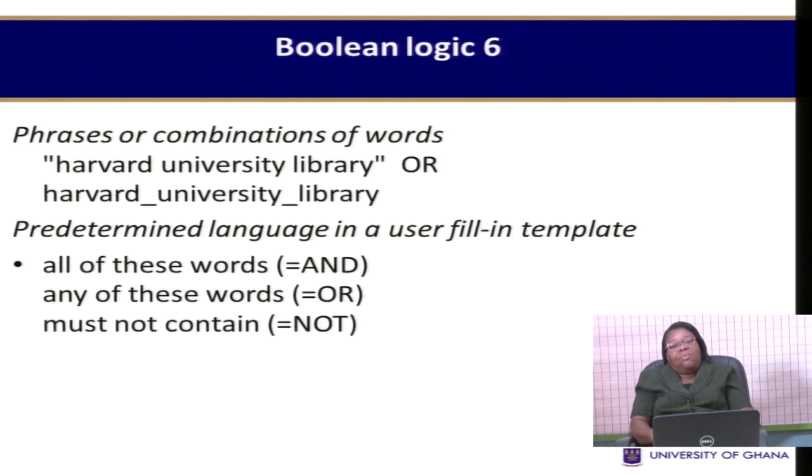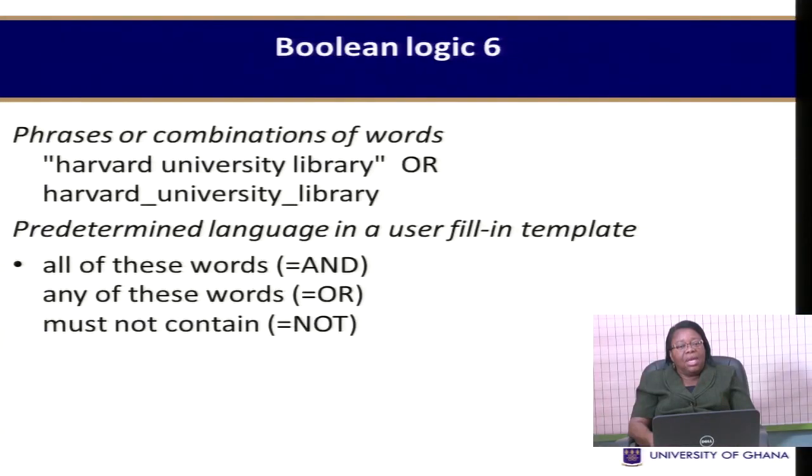Then we have another way in which we use the Boolean operators. This is what we call the predetermined language, and you would see a lot of these in the non-bibliographic databases. You remember I talked about the non-bibliographic databases, examples, Emerald, JSTOR, Blackwell's, and others.